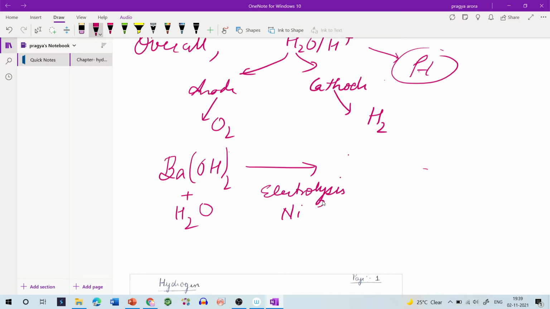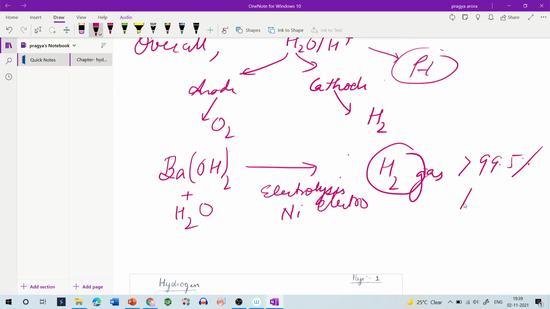In the presence of nickel electrodes, barium hydroxide plus water in electrolysis will also release H2 gas, and that gas will be 99.5% pure. So these are the methods where hydrogen gas is produced commercially using the electrolysis process.